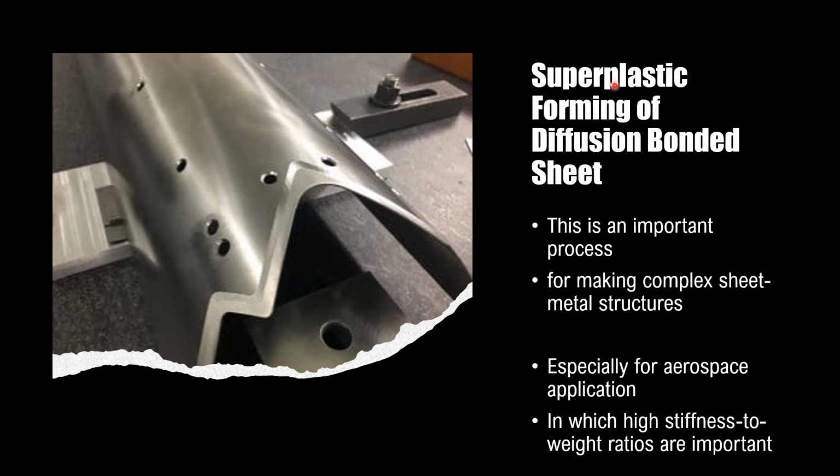That's the reason why we use superplastic forming of diffusion bonded sheet, because we can make complex sheet metal structures. Of course, in aerospace, we use complex structures.